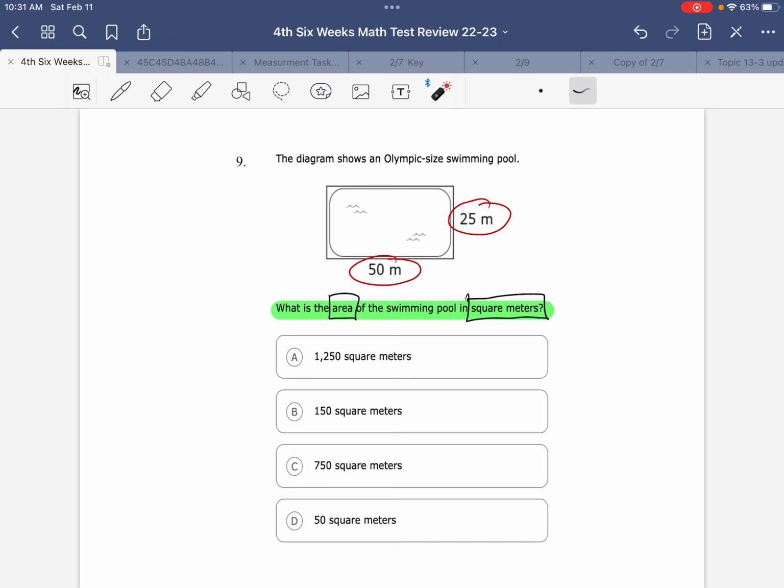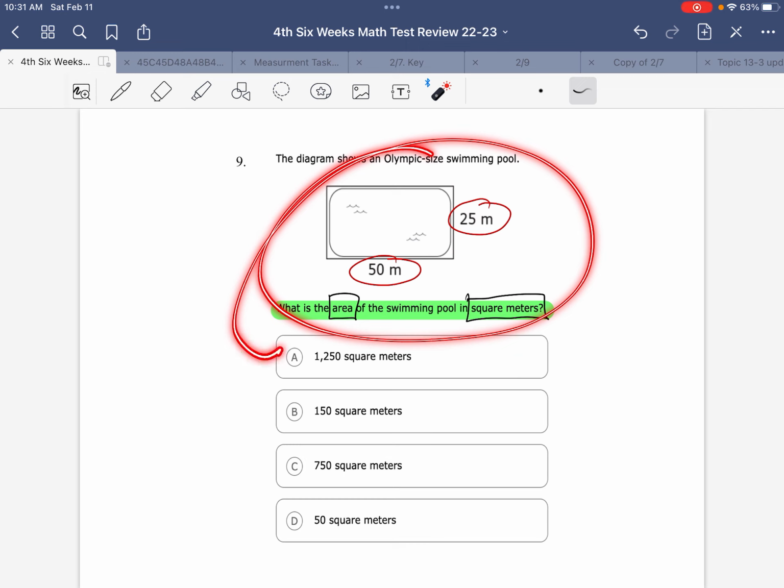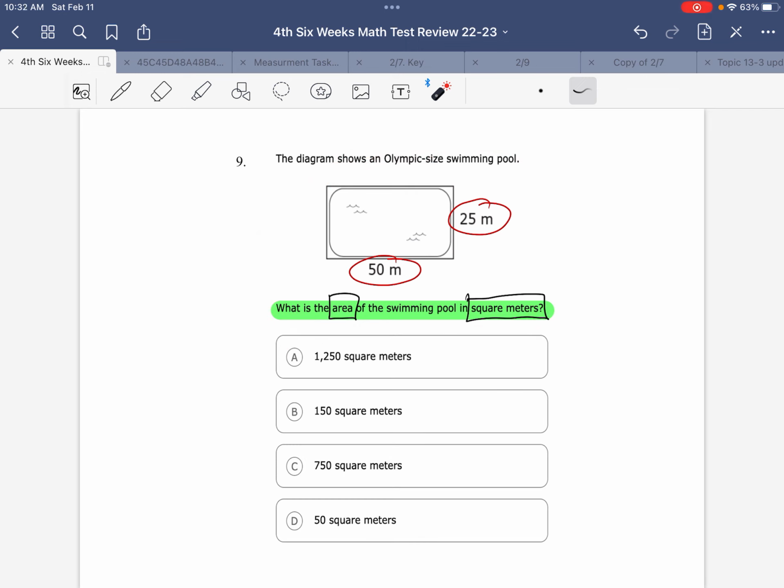For this one, they already drew the picture for me, okay? So I don't got to do it. I am going to label the rest of the sides, though. If the bottom is 50, that means the top is also 50 meters. And if this side is 25, that means this side is also 25 meters. Okay? So now I need to know, what does area mean?